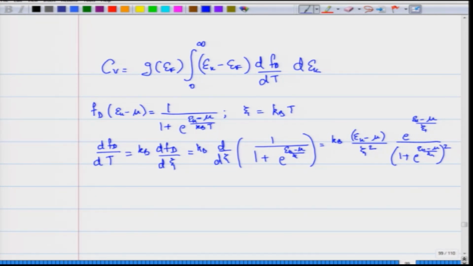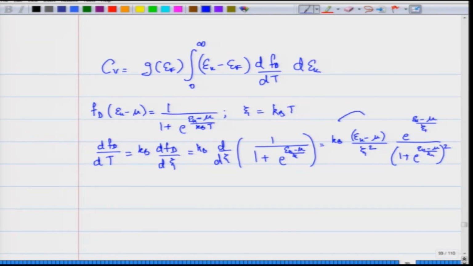So, now we can put it back into the integral.